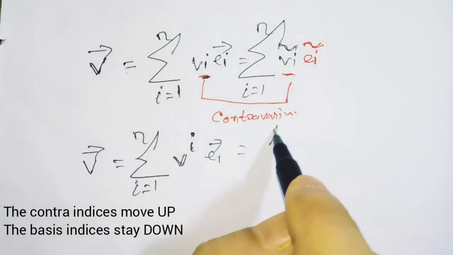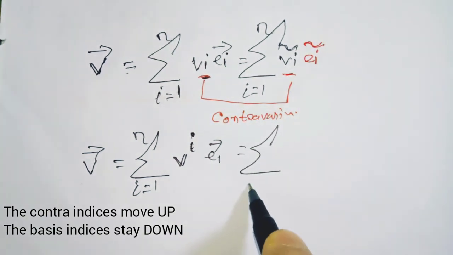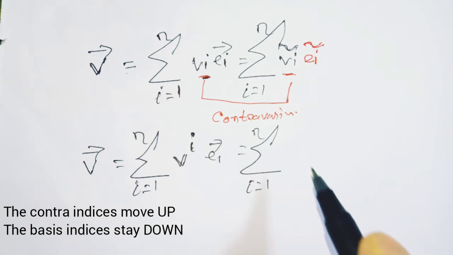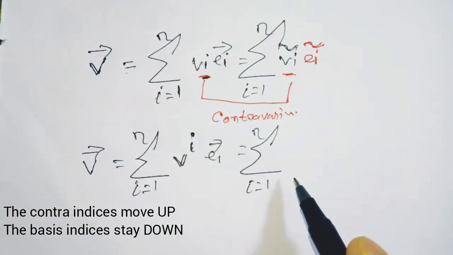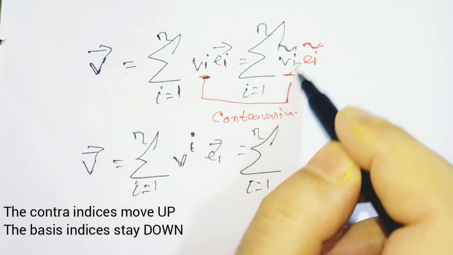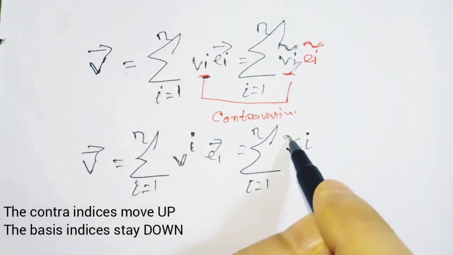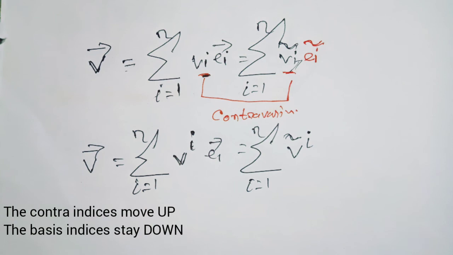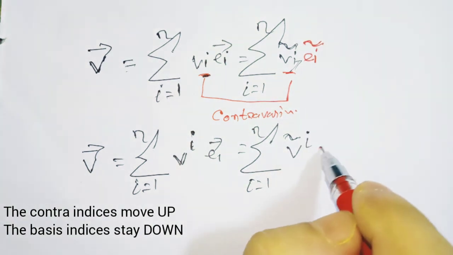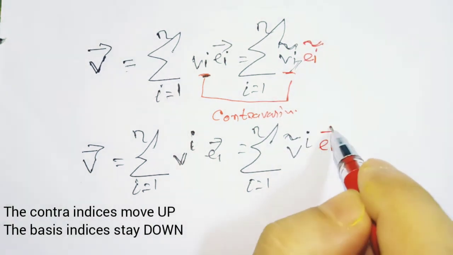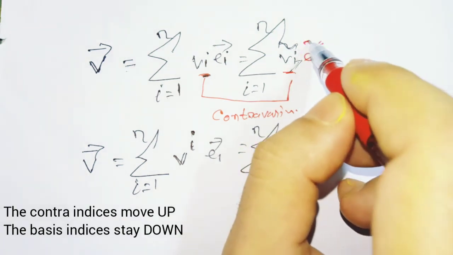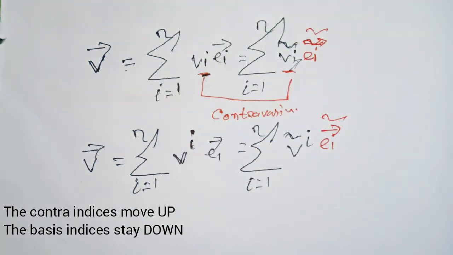And again I will write it as sigma i equals to 1 to n, and this V, this one again will go on the top. So V, then it will become i, and this will have a tilde. And the red part, that is the new one, E_i will be remaining the same. This is an arrow.